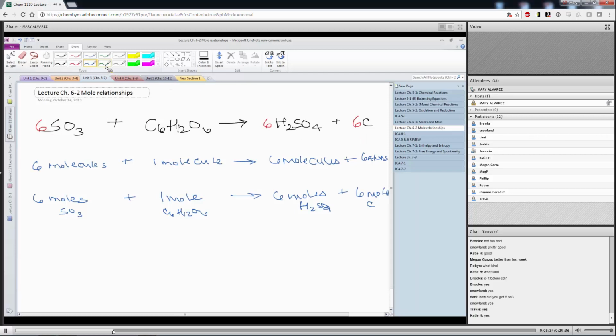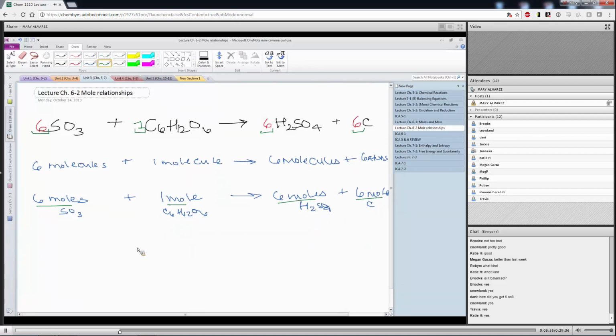What I want you to see now is that each of these coefficients, the 6, the 1, it's invisible, but there's a 1 there, right? The 6 and the 6, these become new equivalencies that we can use for conversion factors.